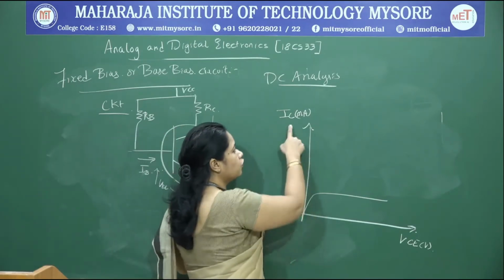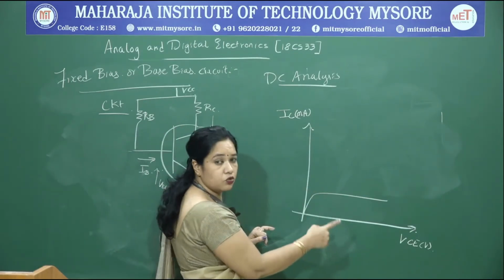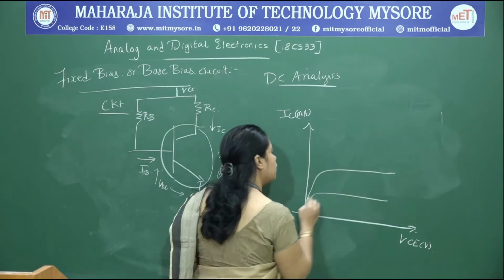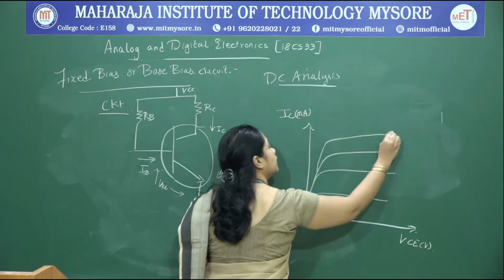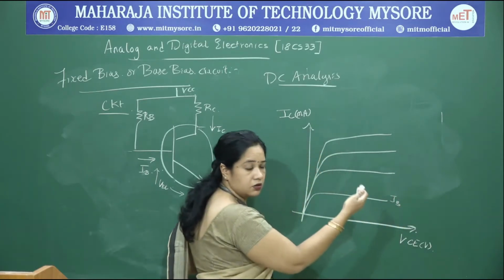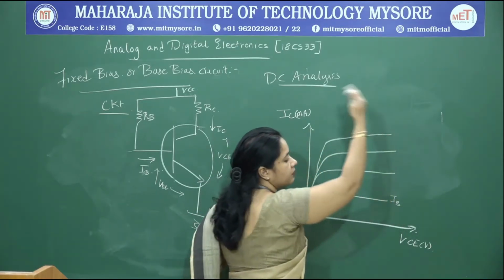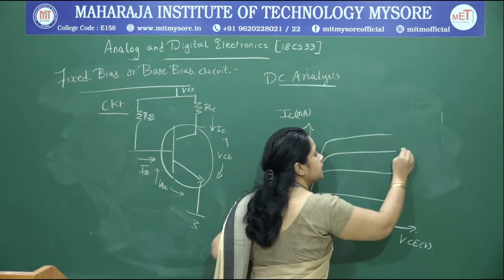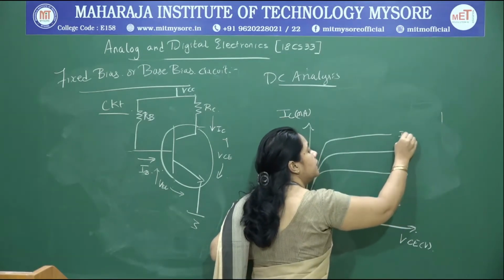The plot of output current versus output voltage is for different values of base current, say IB is 20 micro, 30 micro, 40 micro and so on. We go on increasing the base current.